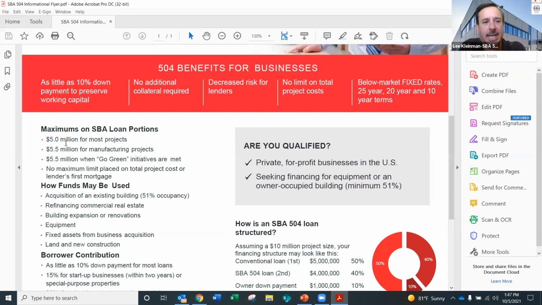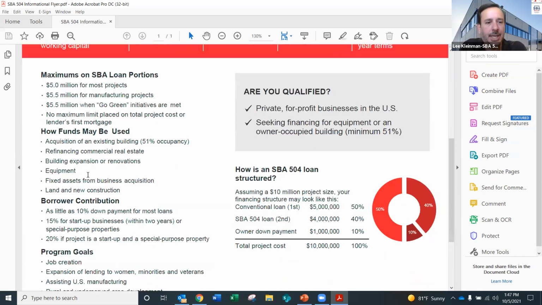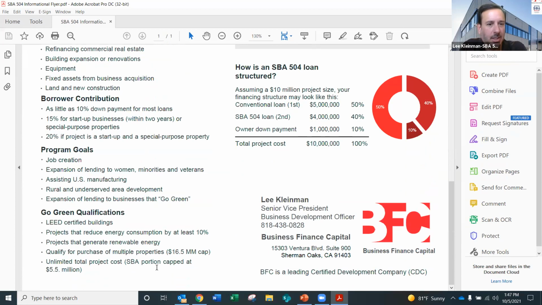Now they've maxed out their borrowing tranche. But if they go green, they can get 2 more $5.5 million borrowing tranches. So if you take $16 million divided by 0.4, a small business owner can own about $43 million worth of commercial real estate through the SBA 504 program.